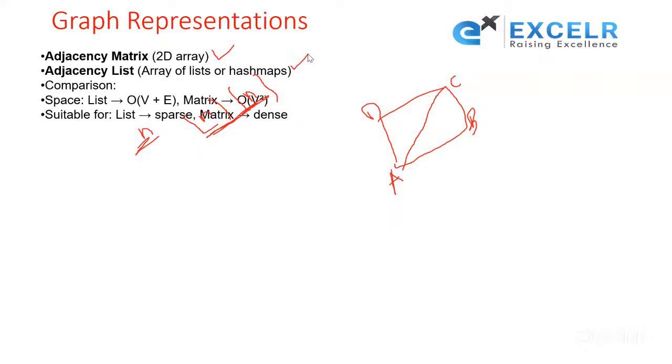For example, we have this graph, and how many vertices does it have? It has 4 vertices. So what would be the size of this matrix? It would be simply 4 by 4.